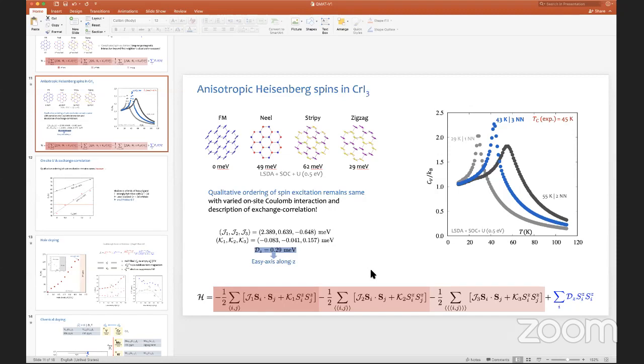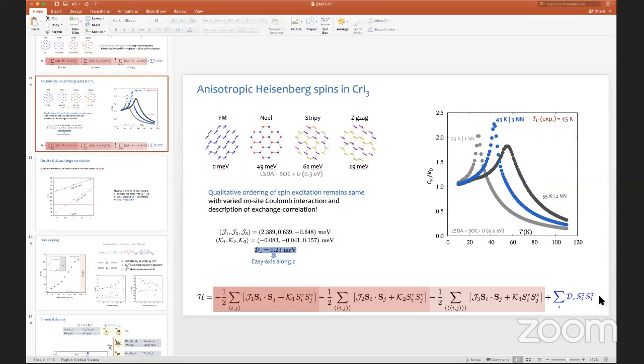No, it is not a BKT transition, because if I make dz equal to 0, then my spin will fall in plane. But if I increase this dz, then the TC will also increase linearly with this on-site anisotropy.